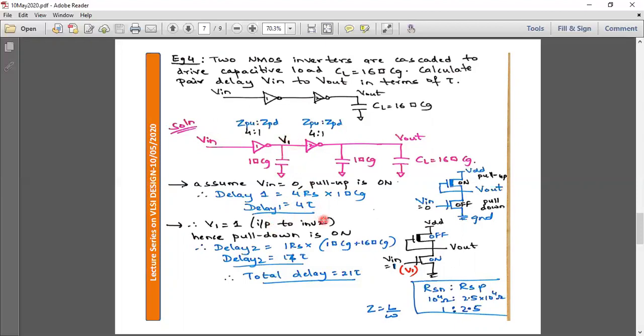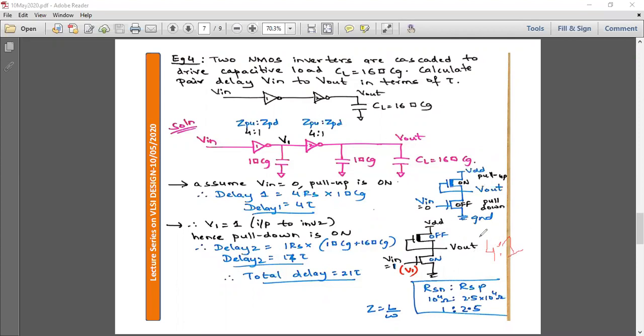If my Vin is 0 initially, then V1 will be logic 1. That is input to inverter 2 is logic 1. So if the input to inverter 2 is logic 1, pull down is on. Pull up has to be on because it is depletion. Both are on. But since the ratio is 4:1, pull up ratio is 4, pull down is 1.